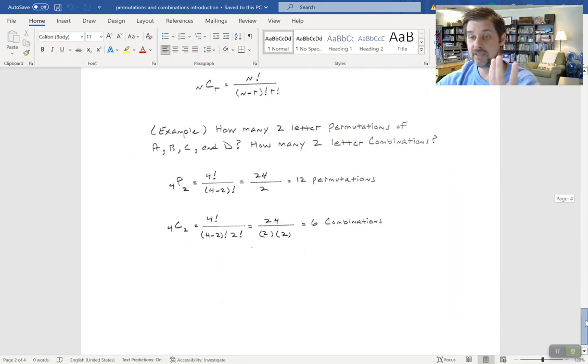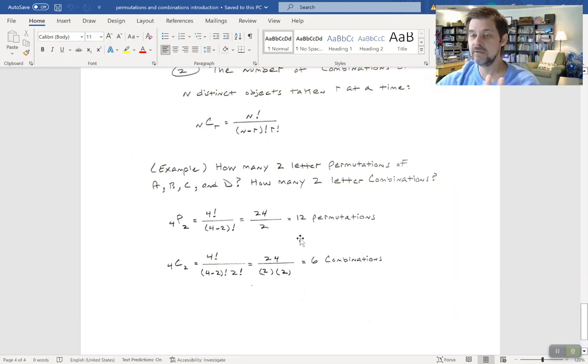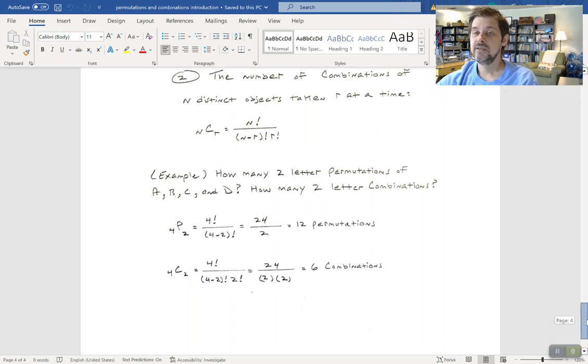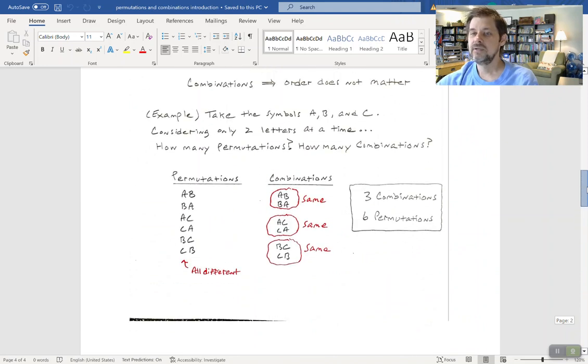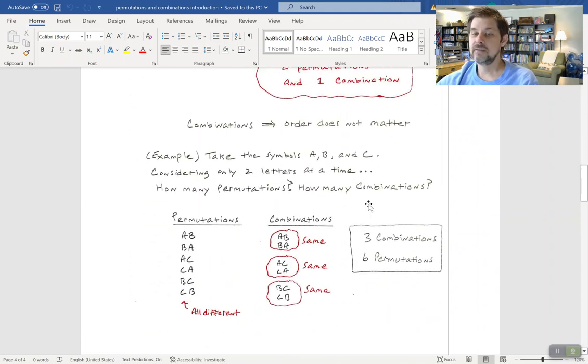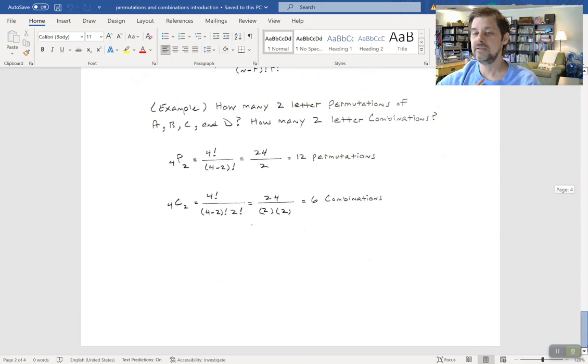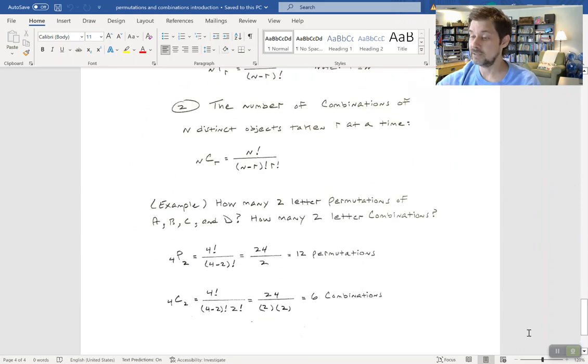Then I'm saying that you would see before you 12 permutations and 6 combinations. So I wanted to show you the math, of course, because that's part of what we do, but if you want something to think about or imagine that represents what the math is describing, then it's something like this. So that's why I started with this kind of thing, all to lead up to how we do the basic calculations.